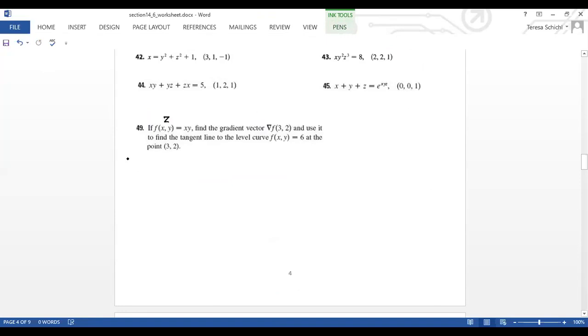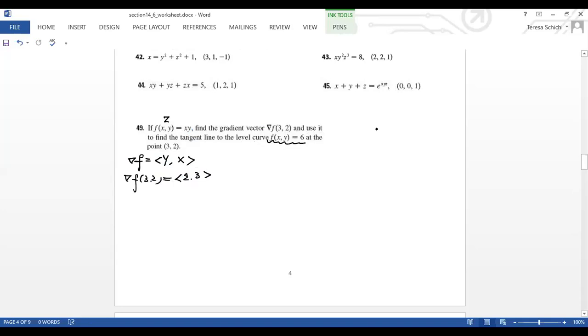So the gradient vector will be: the partial with respect to x is y, and the partial with respect to y is x. So the gradient vector at (3, 2) will be equal to (2, 3), right?